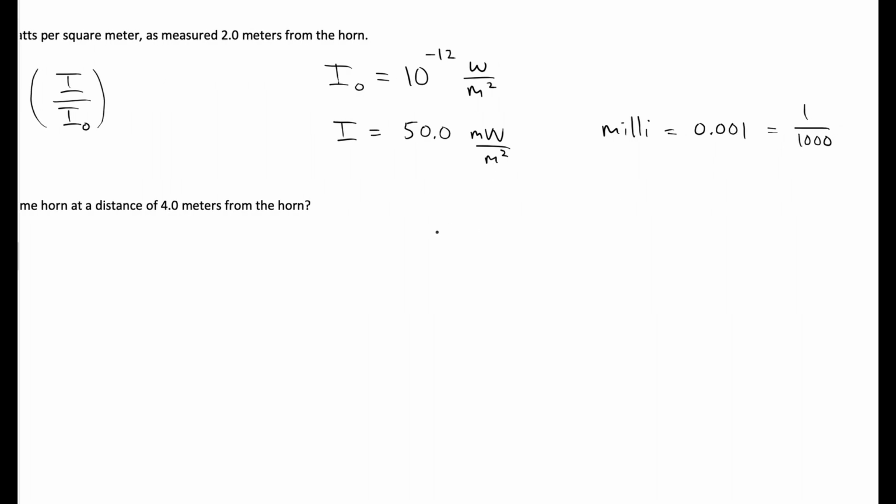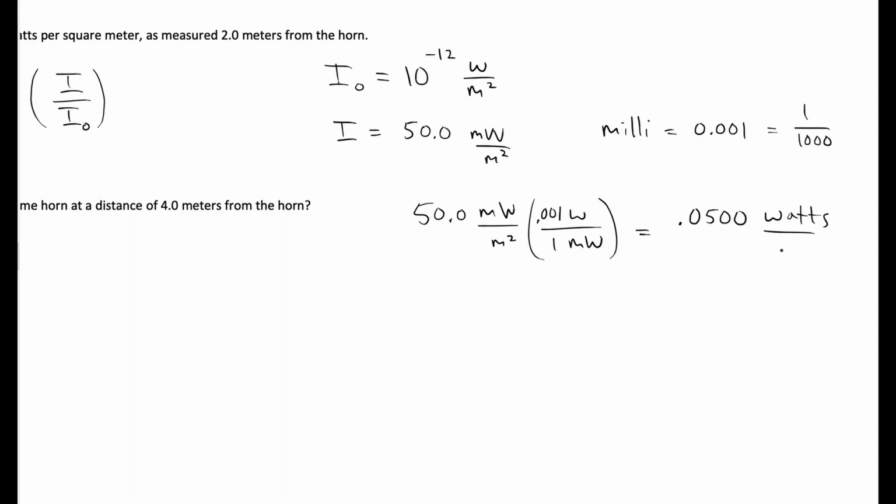So I'll convert that intensity to regular watts, and we'll do that by multiplying. There's 0.001 watts in every milliwatt. Therefore, this is actually 0.0500 watts per meter squared.